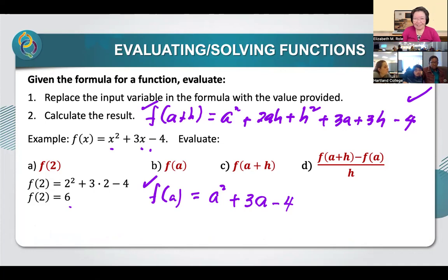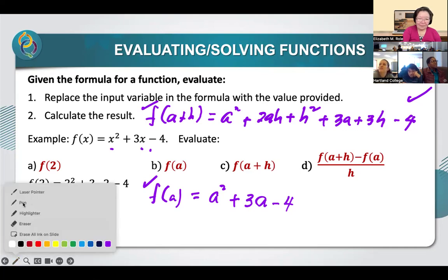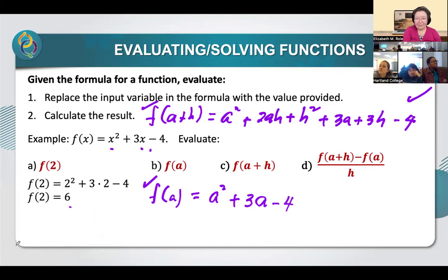So a squared minus a squared, that's gone. 3a minus 3a, that's gone. And 4, that's gone. What remains? It's a squared... no, it's h squared plus 2ah plus 3h, over h.